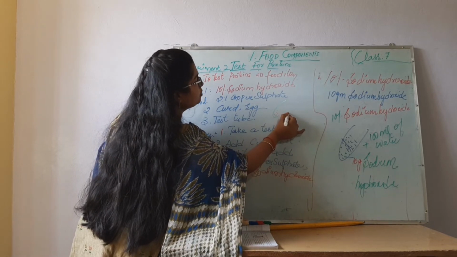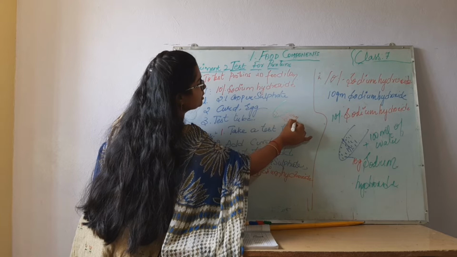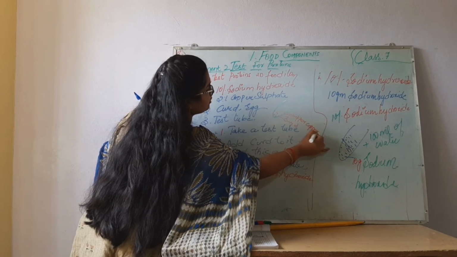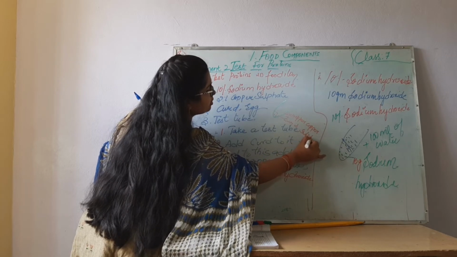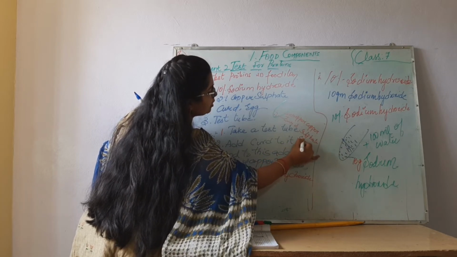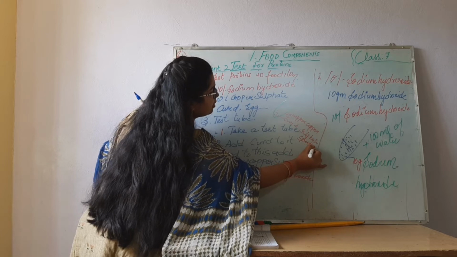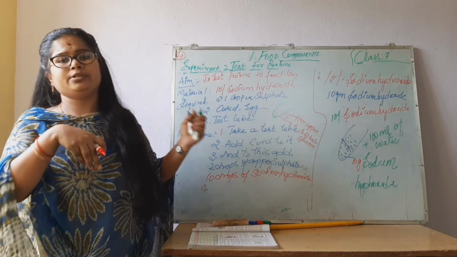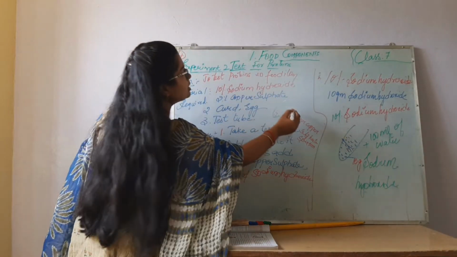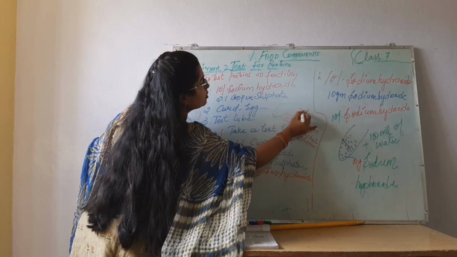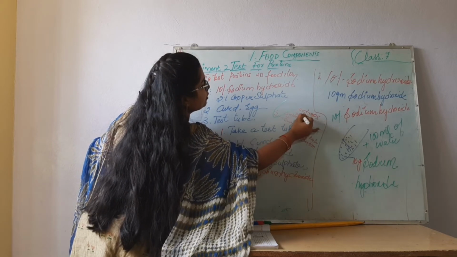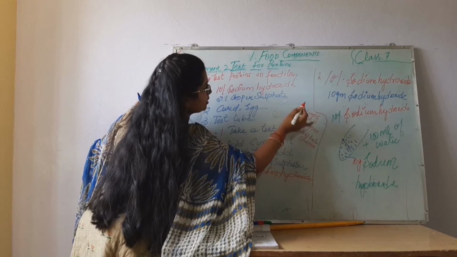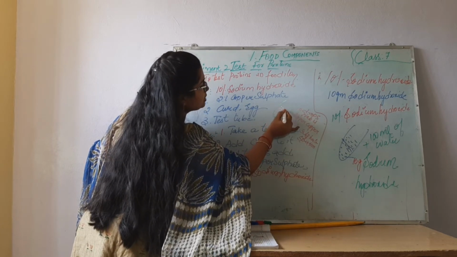If it is solid, like a biscuit, you have to grind it, add water, and stir it. And next, plus 10 drops of sodium hydroxide, NaOH, which is nothing but sodium hydroxide.